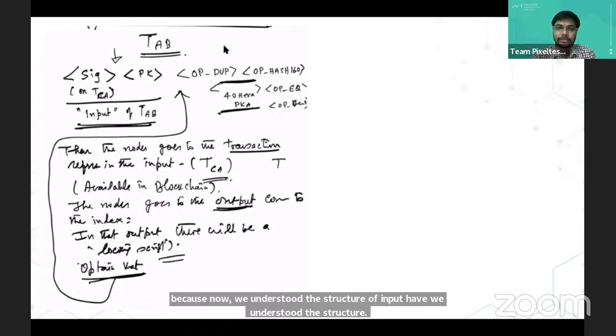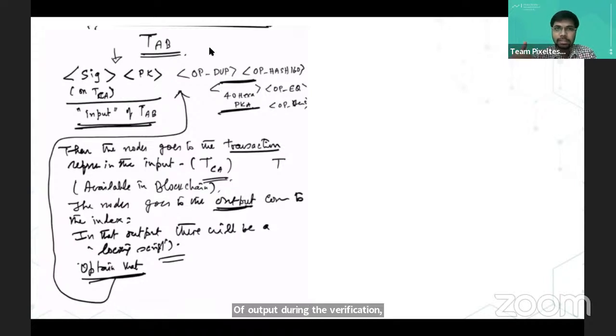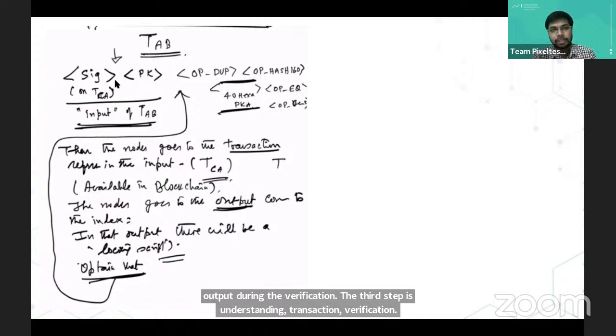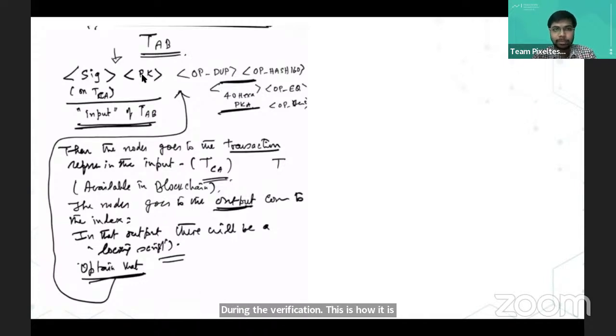During the verification, the third step is understanding transaction verification. The signature and public key come from the input, and from the output, the locking script is obtained. So this is how the transaction is then verified.